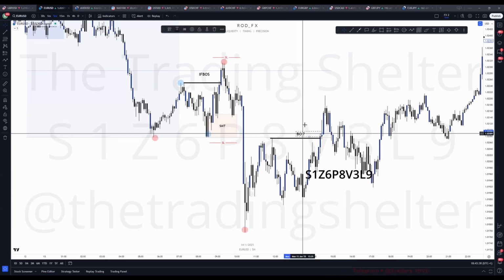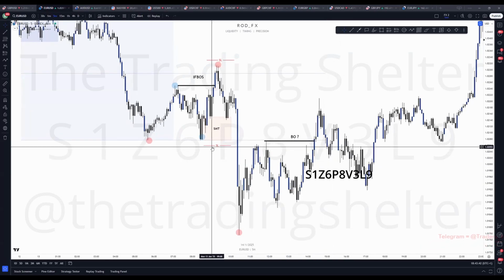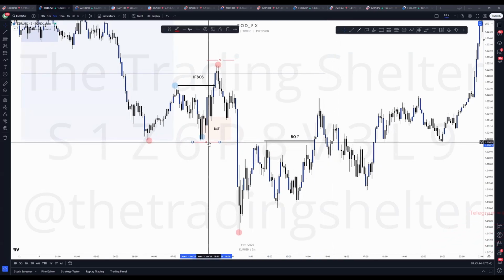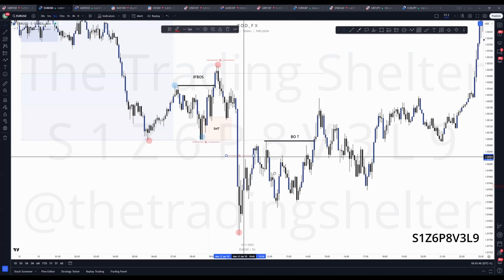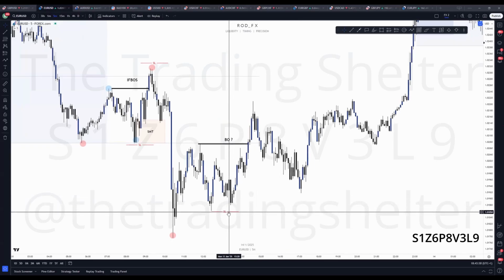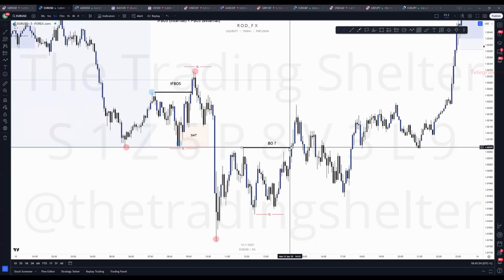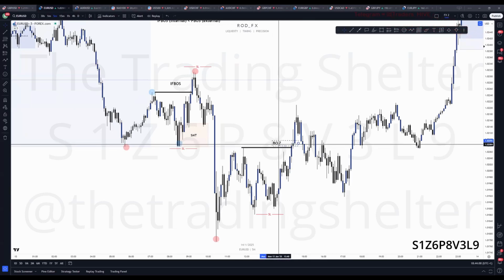Yes or no? Perfect. And remember, this is just a justification based on my own research, and you can see this is also a reason why this low hasn't been taken, and this is why this isn't an FBOS. Not FBOS, sorry.